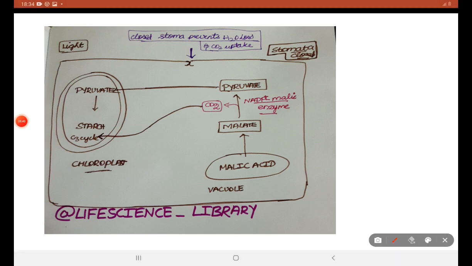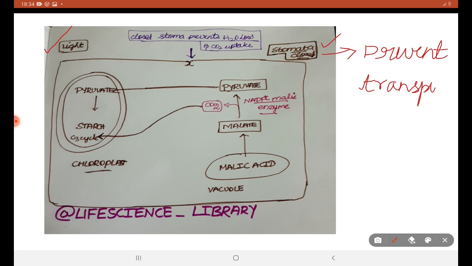Next we are going to see what will happen during daytime, that is during light. During light, stomata is closed to prevent transpiration. So closed stomata prevent carbon dioxide loss, water loss and carbon dioxide uptake.